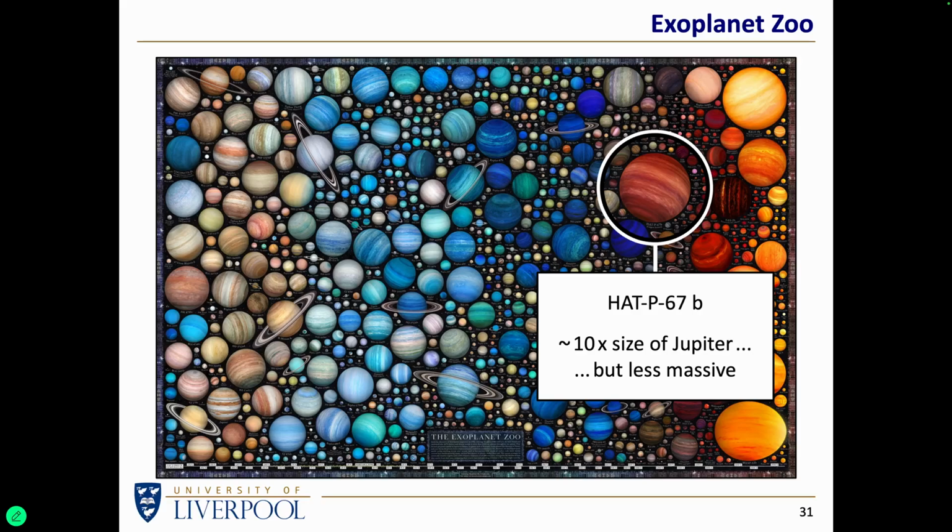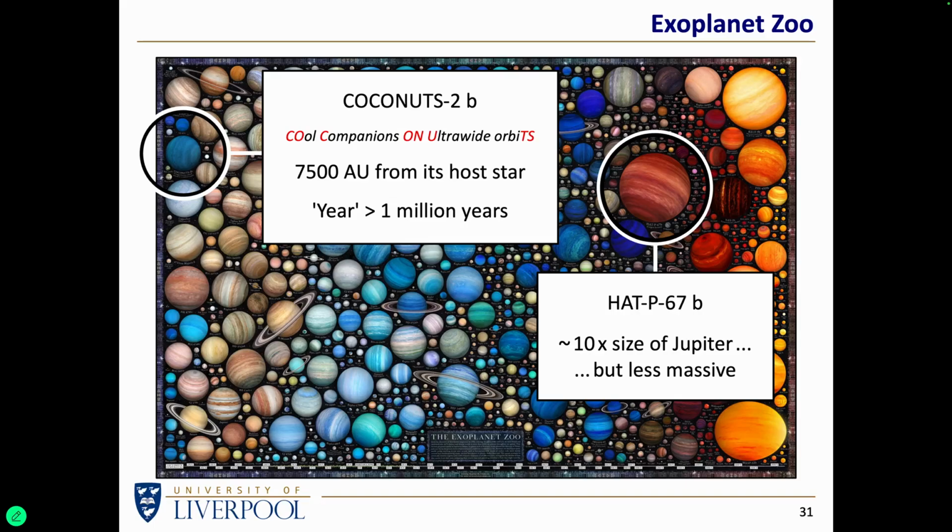And although HATP 67b is a bit difficult to get your tongue around, I think the prize for the best name for an exoplanet has to go to Coconuts 2b. What a great name, Coconuts 2b. Coconut stands for Cool Companions on Ultra-Wide Orbits, a little bit of a contrived acronym, but you can see its distance from its host star is 7,500 AU.